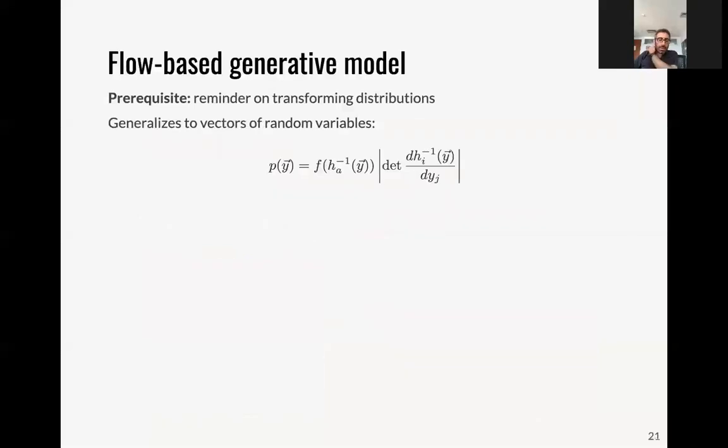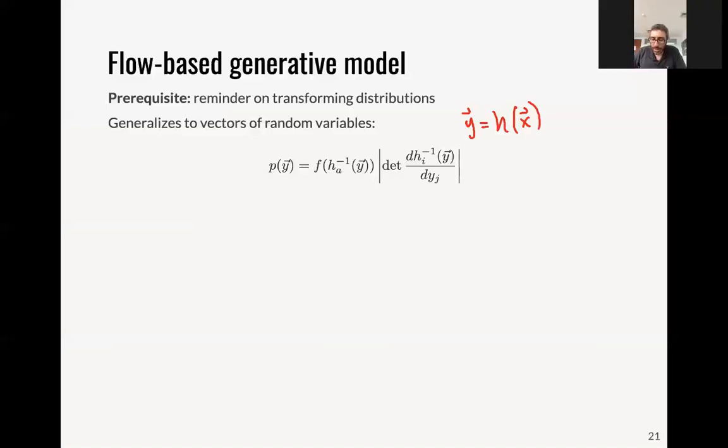And this generalizes to vectors of random variables. So if now the x's are a vector, right? So if we have y equals h of x, right? So x now is a vector of random variables, and so this h function is a vector function, right?